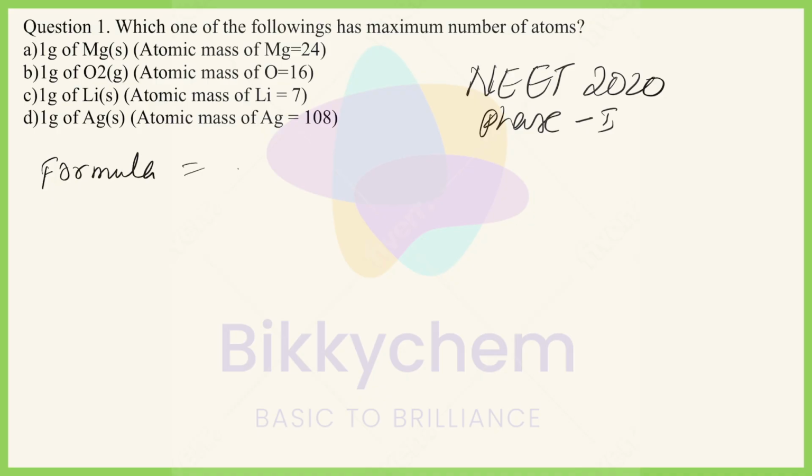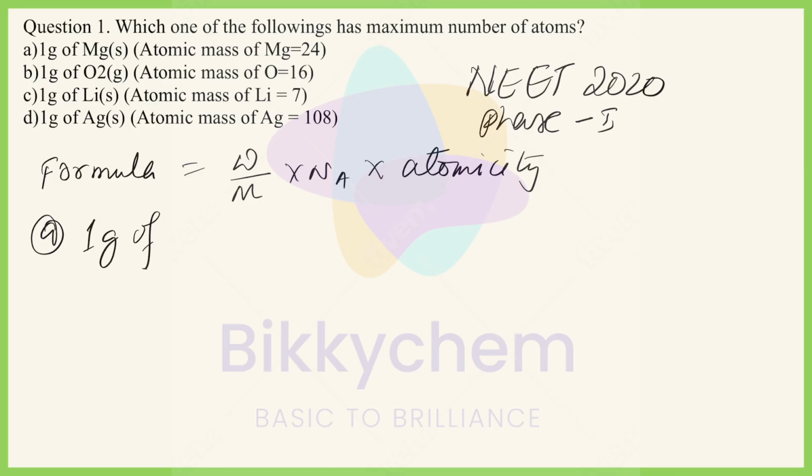which is given weight by molar mass into Avogadro number into atomicity. So this is the general formula which is applied for all the options. Let's take option A, 1 gram of Mg, where given weight is 1 and molar mass is 24 as given in the option also.